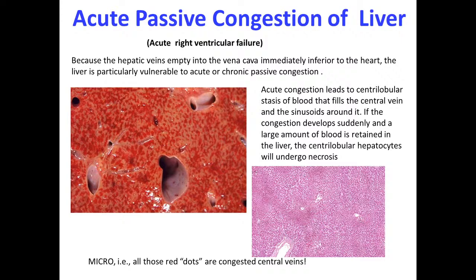Acute congestion leads to centrilobular stasis of blood that fills the central vein and the sinusoids around it.